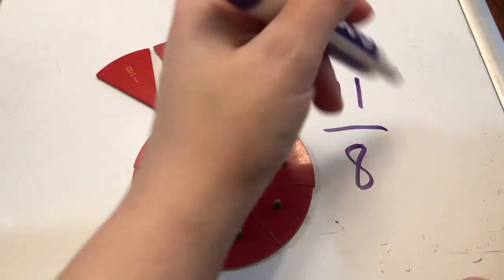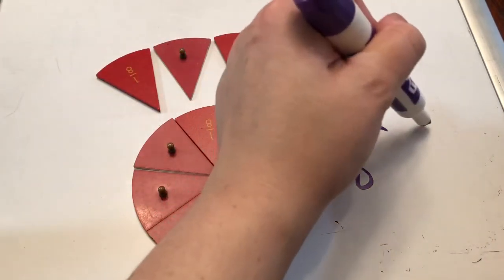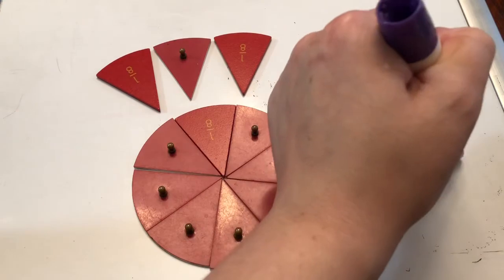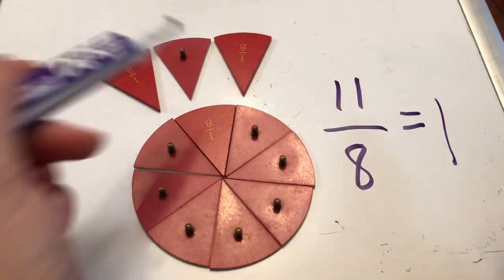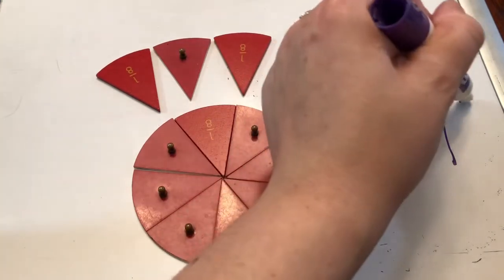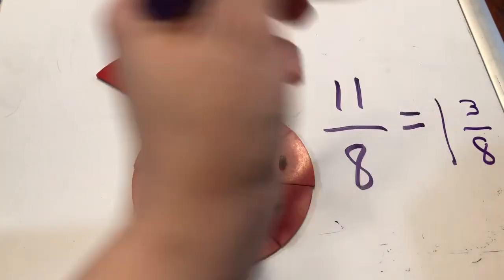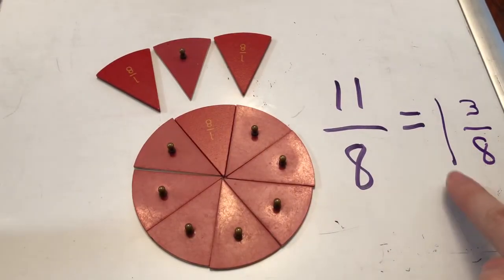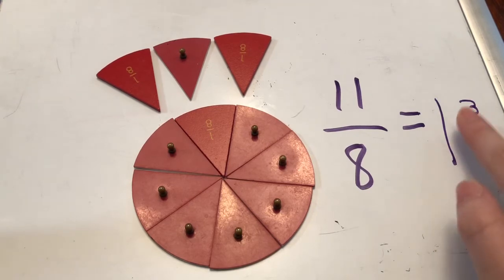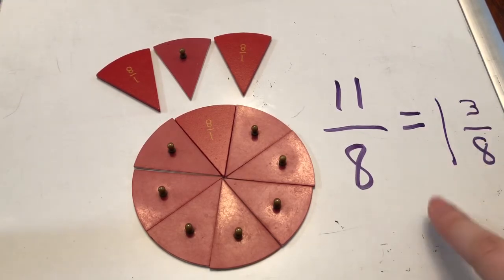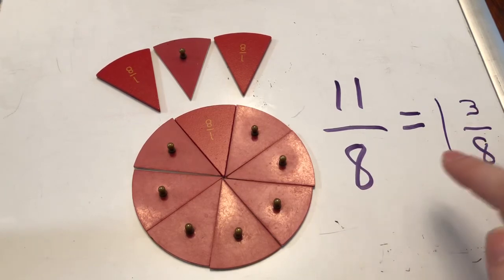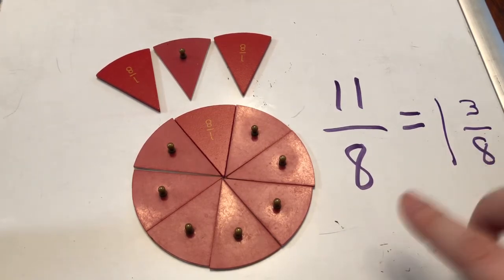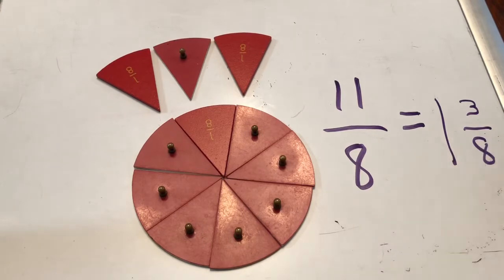So 11 eighths is the same as 1 whole and 3 eighths. Again, we have a big number for the whole number, and a small fraction, 1 3/8. So you can either write it as 11/8 or as 1 3/8 because they mean the same thing.